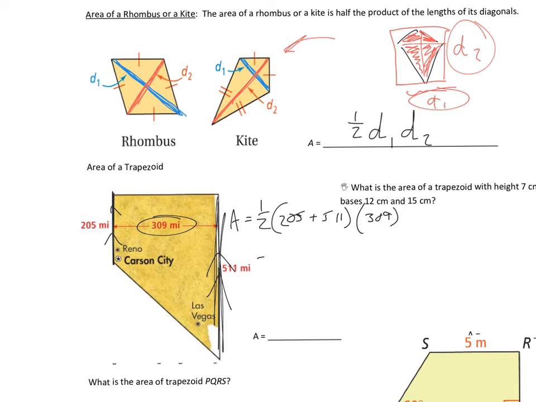When we put that in our calculator, we end up getting 1/2 times 716 times 309, and we get a total of 110,622 square miles. So that's roughly the area of the state of Nevada.